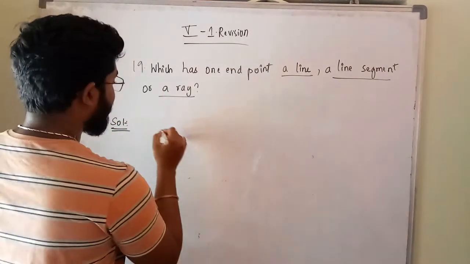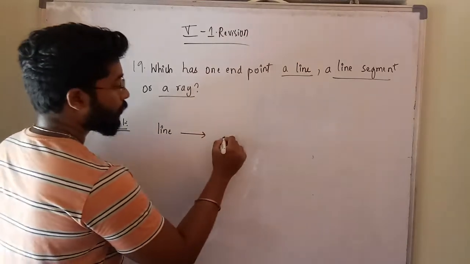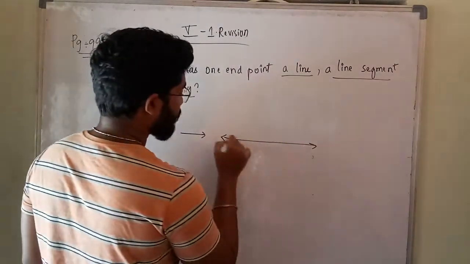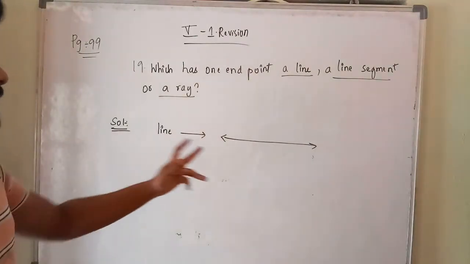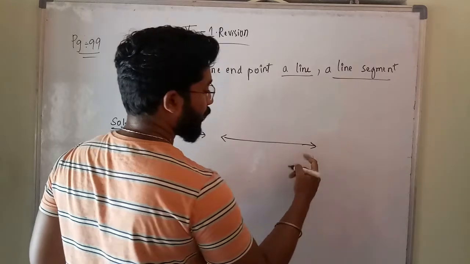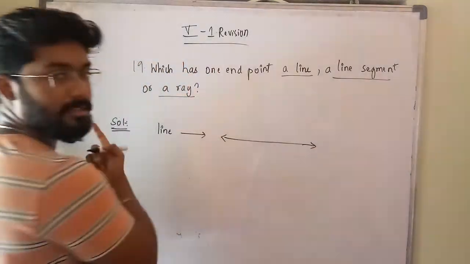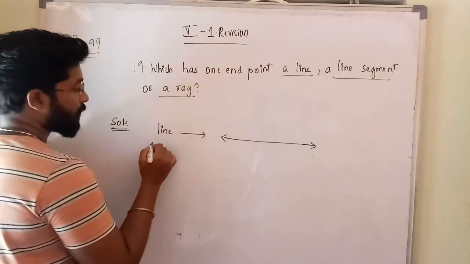So what is a line? A line means it will have no end points. It will extend in two directions infinitely. It is not having any end point. That's why we are representing this with two arrows. It can extend in this direction and it can extend in this direction also. So what is a line segment?